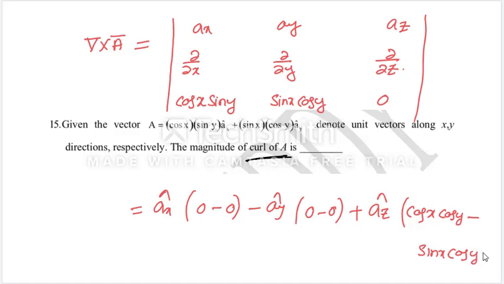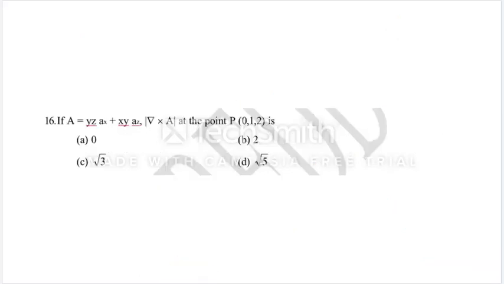Check it. No, what will get is cos x into cos y minus, so what's the answer, 0. The net value 0 na. Yes, correct. And next problem, do this thing here.